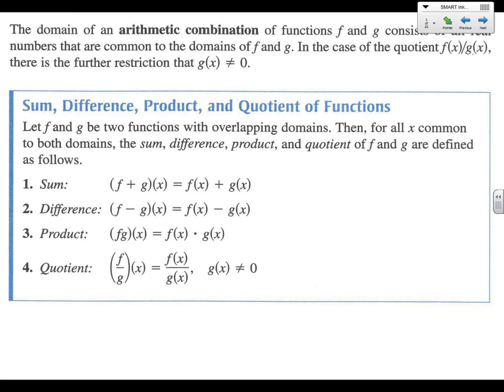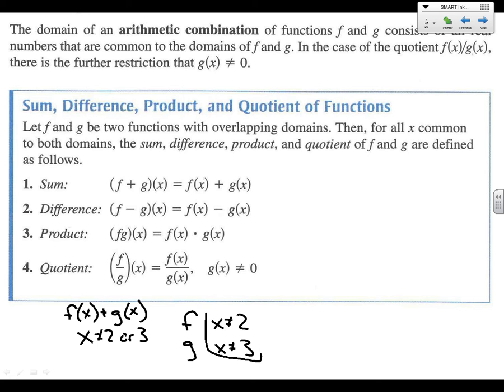Quick note on domains. The domain of functions f and g consists of the numbers that are common to the domain. So let's say in f, x cannot equal 2, and in g, x cannot equal 3, then in something like f of x plus g of x, the domain of that combination, you would say x cannot equal 2 or 3, because we would look at both of them.